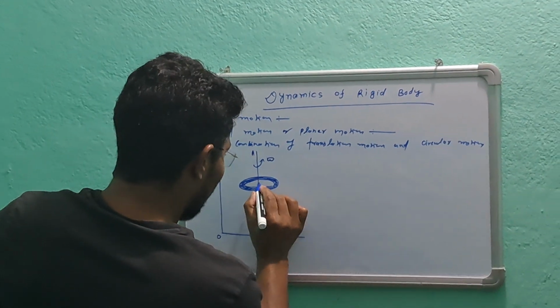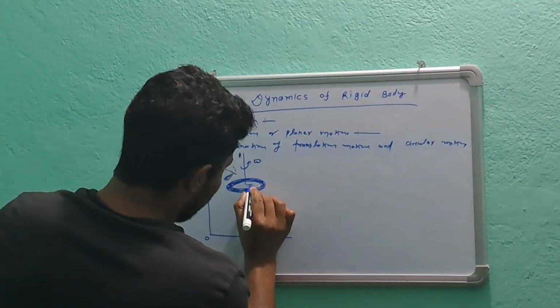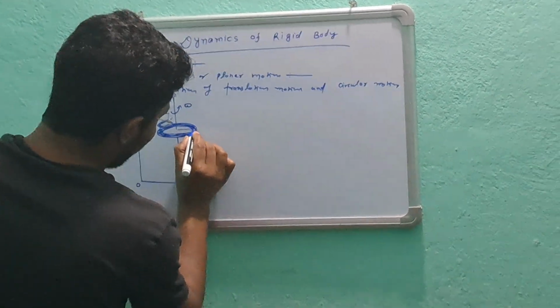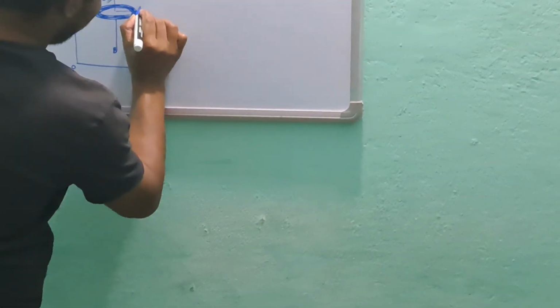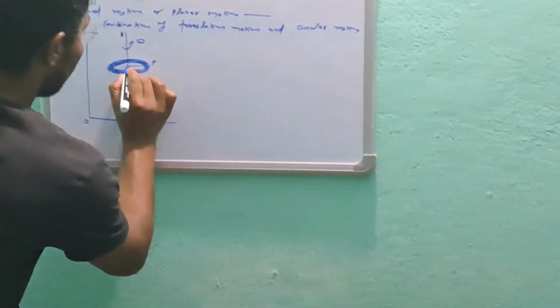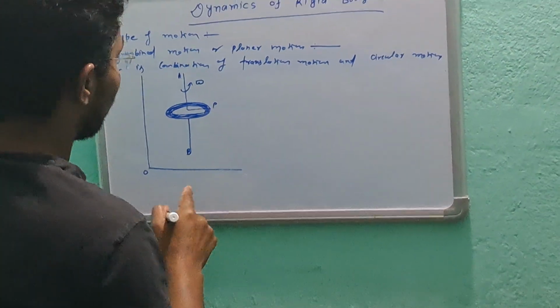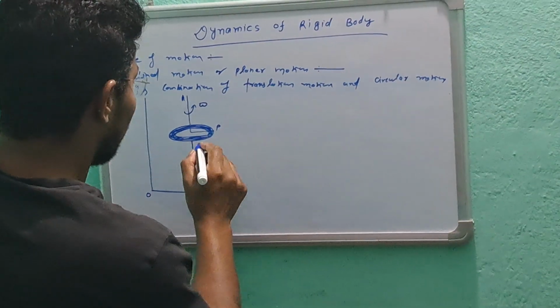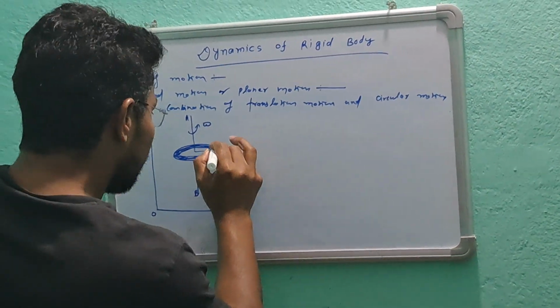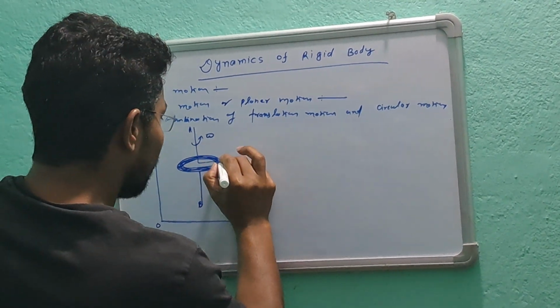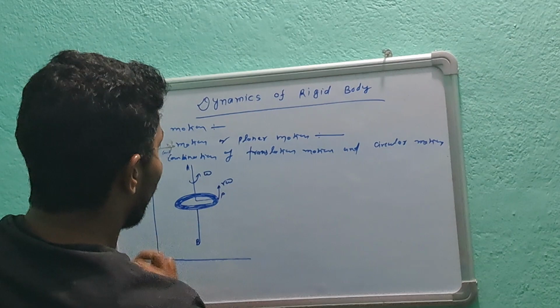So if this is the perpendicular distance of this point P, then due to the angular or rotational motion, the linear velocity of this point will be r omega.